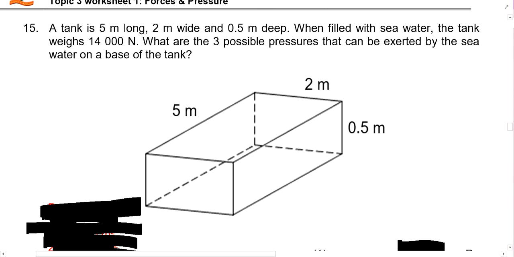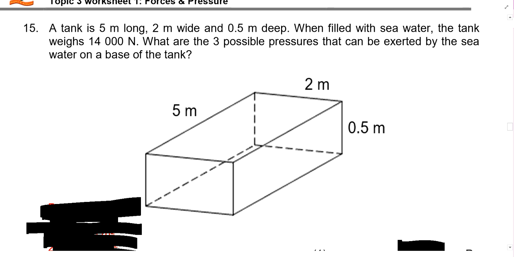Now, this is a very popular question. A tank is 5 meters long, 2 meters wide, 0.5 meters deep. When it is filled with water, so completely filled, it has a weight of 14,000 newtons. Okay? So do you understand the question? So depending on how you place this container, it will exert different pressures on the ground.